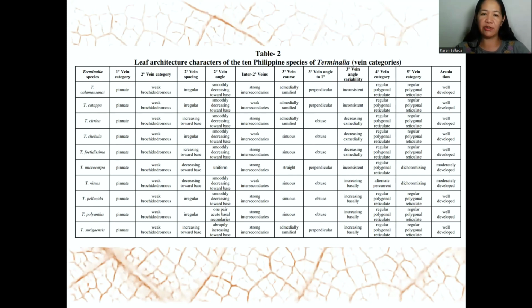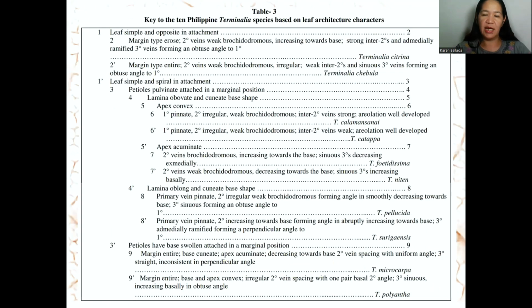So these are the fine leaf architecture characters, or the venation patterns, of the 10 Terminalia species. Now, what is good about this is that other than translating your data into a dendrogram so that you would be able to see the relationship between these different species of the plants that you're working on, you can also translate your outputs into a dichotomous key.